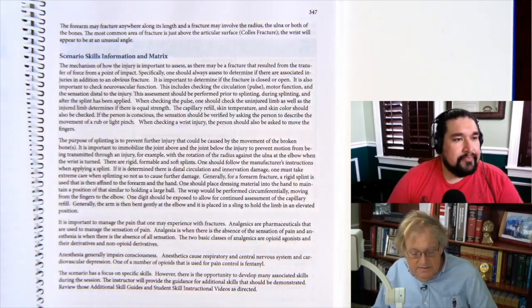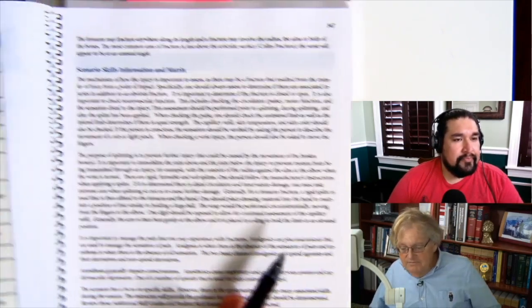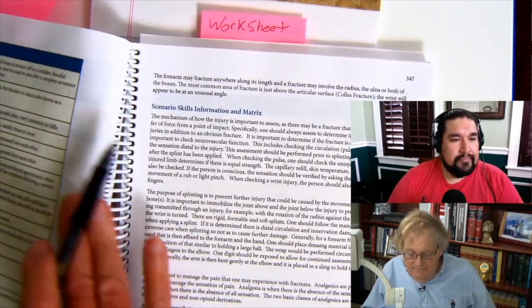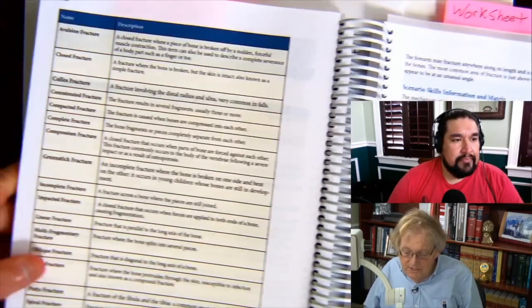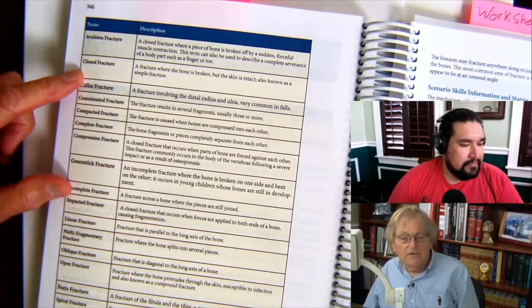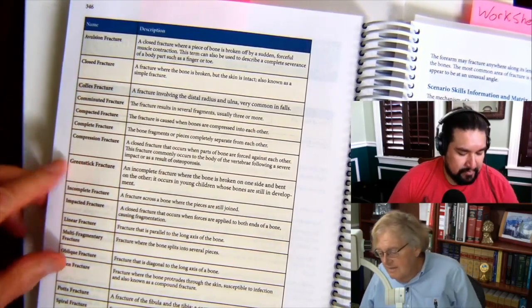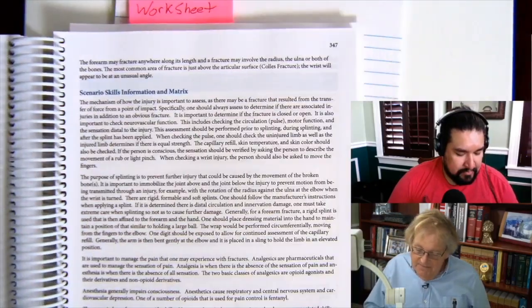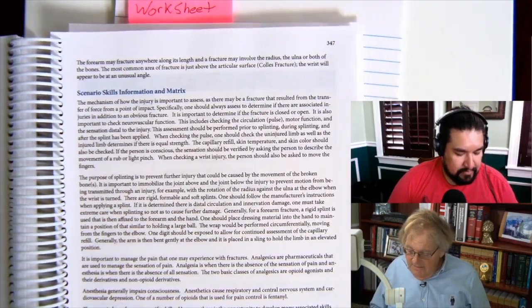And then you're going to see it's going to go on with some pages of definitions. So it's going to have definitions of terminology. A lot of you have probably heard about Colles fractures or closed fractures or compression fractures. And then it's going to have the scenario skills and information.